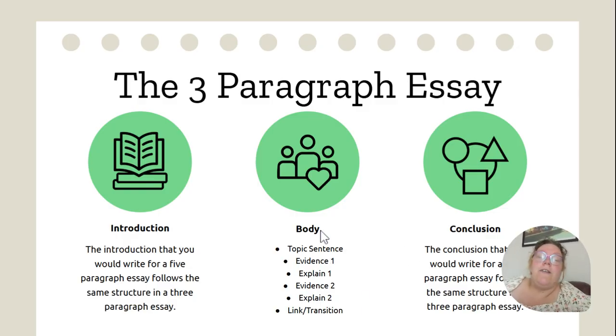But again, it follows the same structure for the conclusion and introduction that the 5-paragraph essay does. The only difference is that a 3-paragraph essay is just shorter, and you just have 2 pieces of evidence and 2 explanations of the evidence in that body paragraph. And that is the gist of it.